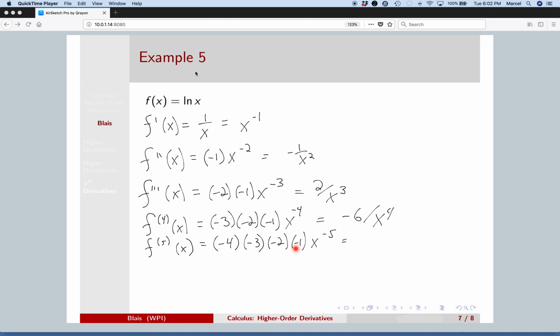Now, one thing to note here, we've been multiplying these out, but 4 times 3 times 2 times 1, that's called 4 factorial. We have x to the minus 5. And we had 4 copies of minus 1.